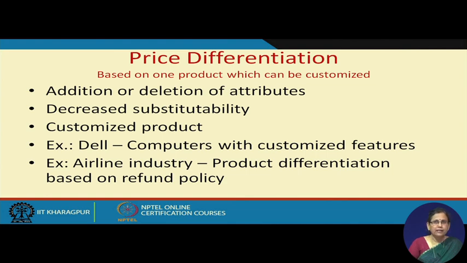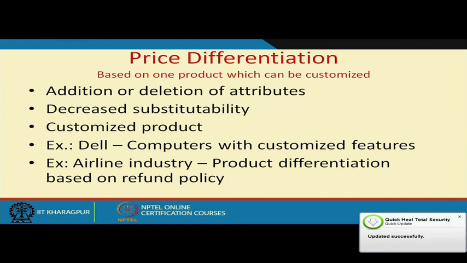Then this price differentiation can be based on one product and can be customized. So, here you can make the price differentiation possible by adding or subtracting attributes. Just think of some kind of products which are customizable, like that of Dell computers.